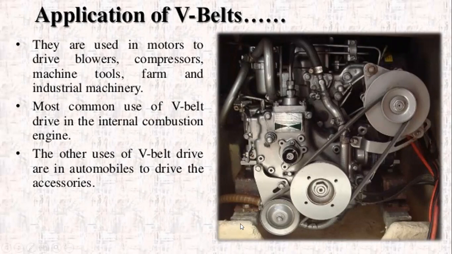The most common use of the V-belt drive is in the internal combustion engine. Here in the picture you can see the engine fixed to the two pulleys. Another use of V-belt drives is in automobiles to drive the accessories.